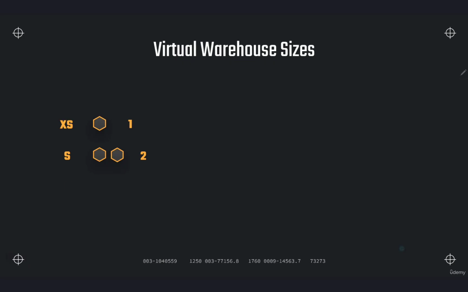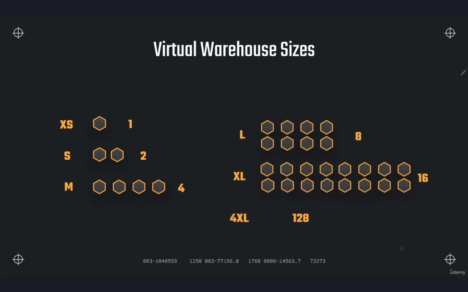So the number of compute nodes that are needed, this is the amount of credits we are charged per hour. And you can see once we increase the size by 1 step, we double the amount of servers that are needed and therefore also the amount of credits that are used. So like this, we can choose the size of the warehouse depending on how much compute power we need.